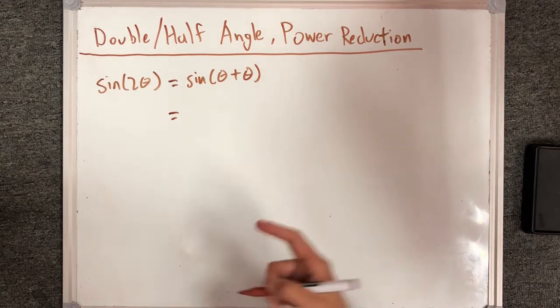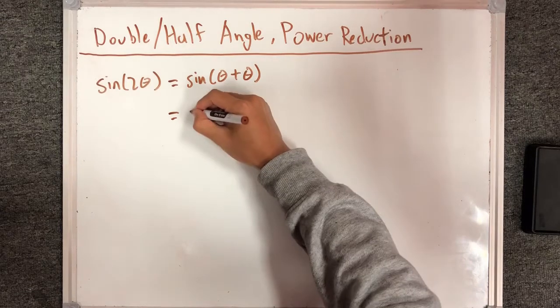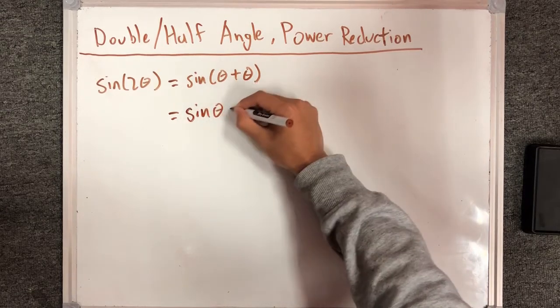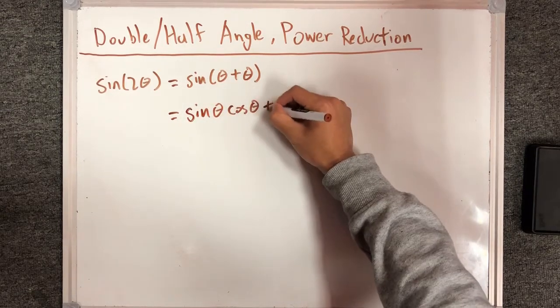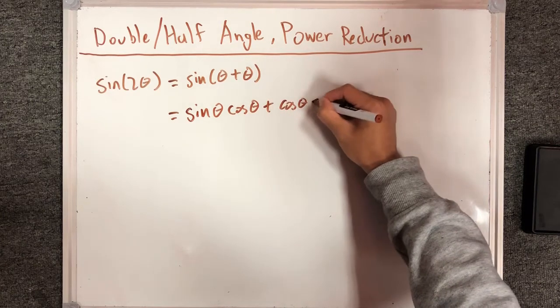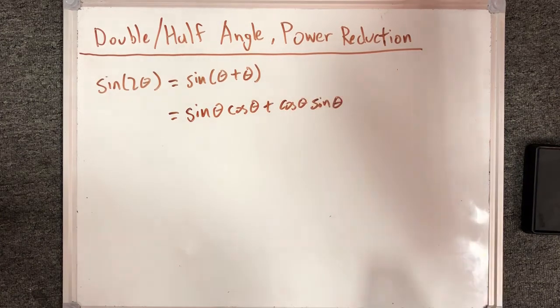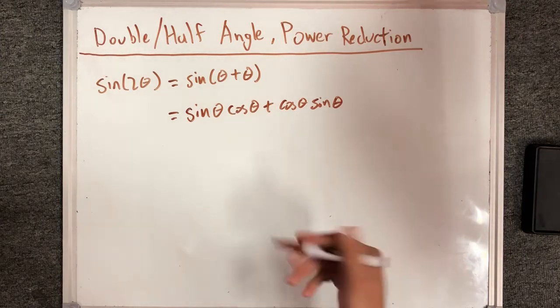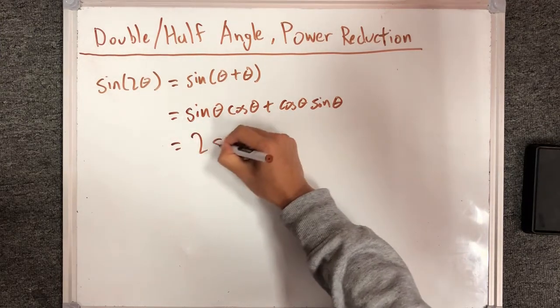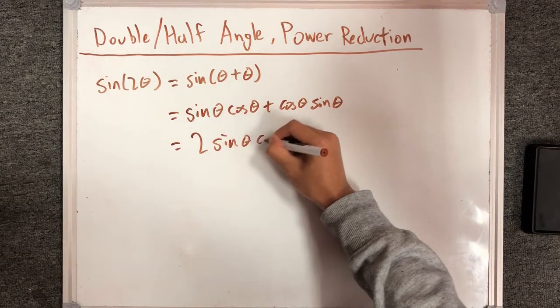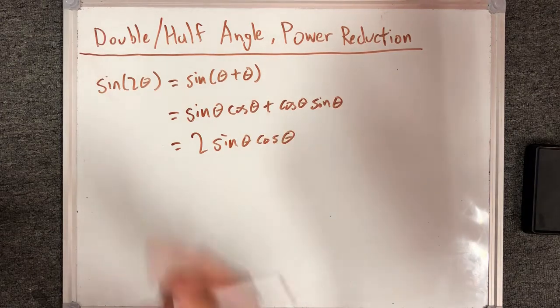Remember, sine of a plus b was sine cos plus cos sine, so this is going to be sine theta cos theta plus cos theta sine theta. Since both of these angles are the same thing, this is just 2 sine theta cosine theta. So that's sine 2 theta.